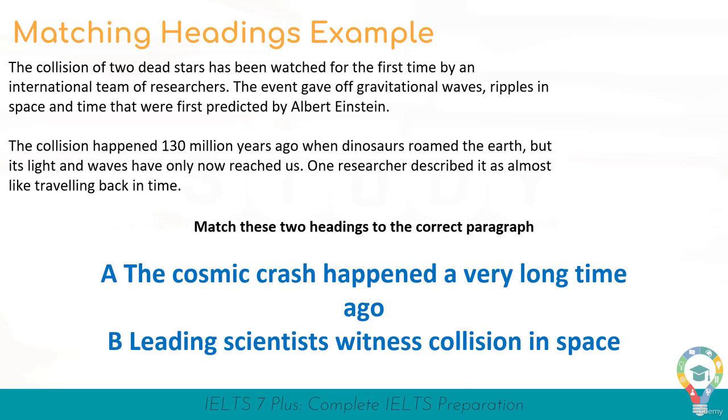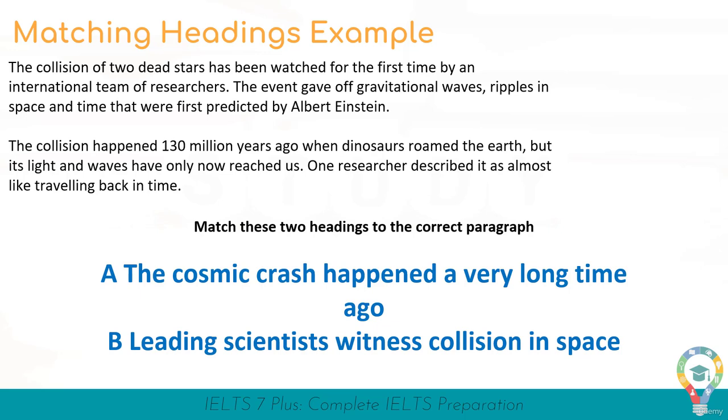So A, the cosmic crash happened a very long time ago, and B, leading scientists witness collision in space. So where do you think these two headings go? Well, the cosmic crash happened a very long time ago matches with the second paragraph. It gives you a quick gist of what the paragraph is saying.